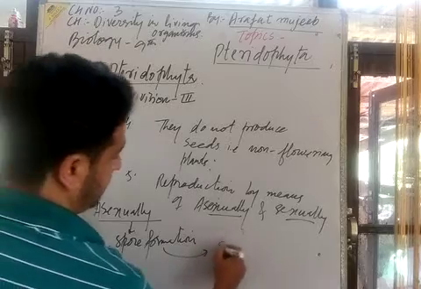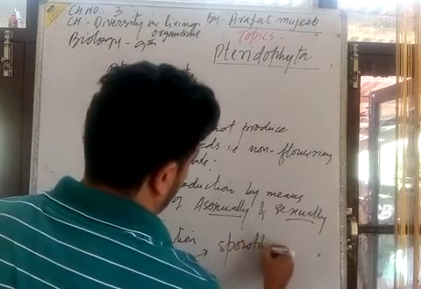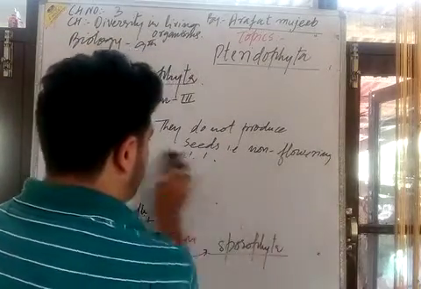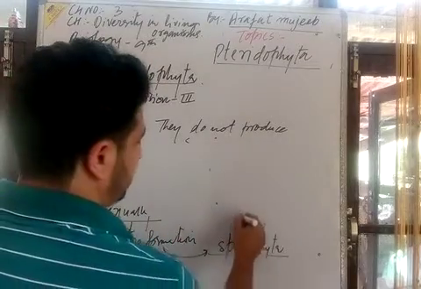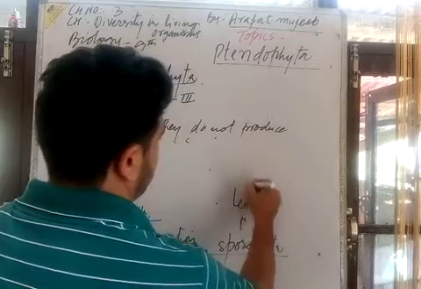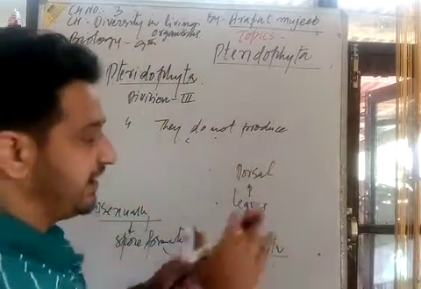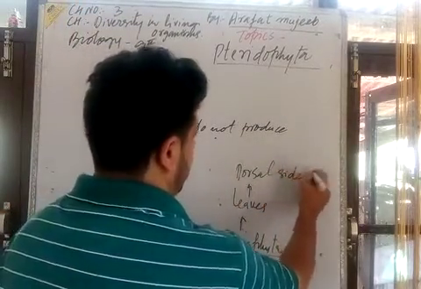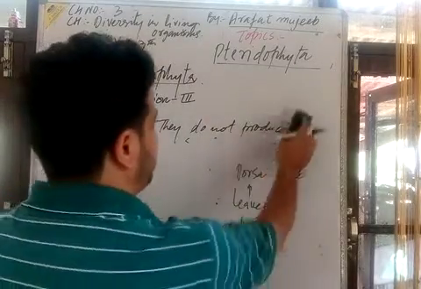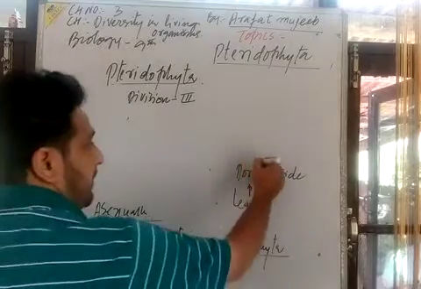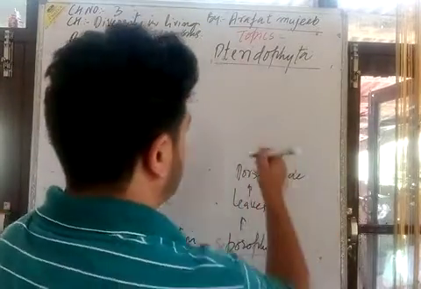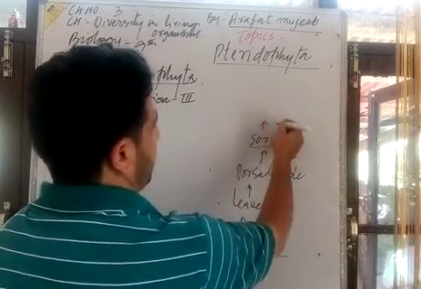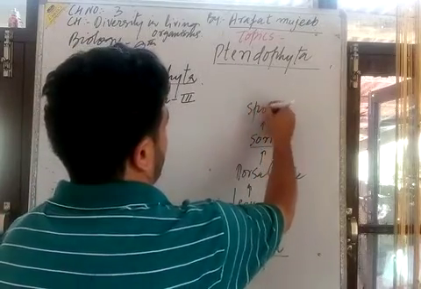In the sporophyte, they have leaves. If we look at the dorsal side of the leaves, the back side of the leaf, they have the presence of small swellings that are known as sori. Sori is the plural term of sorus, and those sori contain sporangia.